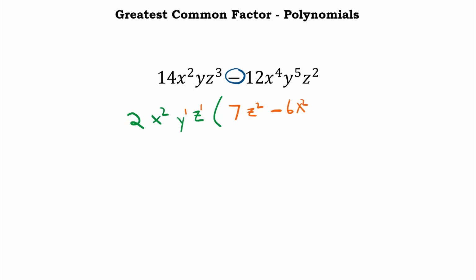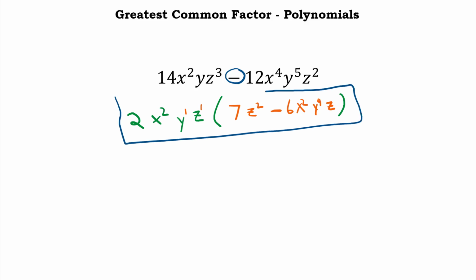So y to the 5 minus 1, which is 4. And then we have a z squared we need to get to. Well, 2 minus 1 is a 1. So we should have z, and just the first power there, which should be understood. And that is going to be our overall greatest common factor that we can take away from this polynomial right there.